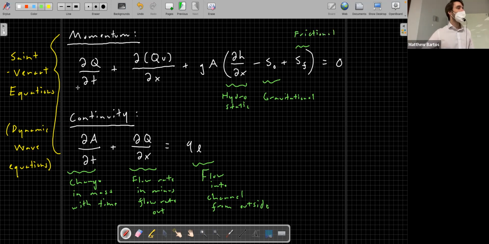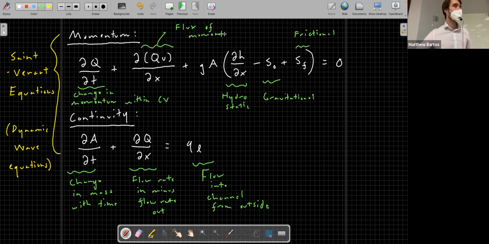This here is the change in momentum within the control volume. And this is the flux of momentum through the control volume. So these equations essentially describe the dynamics of the water and how it will move in any case you can think of.